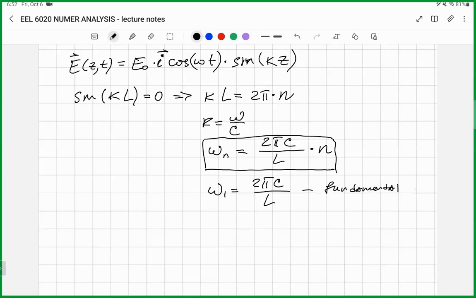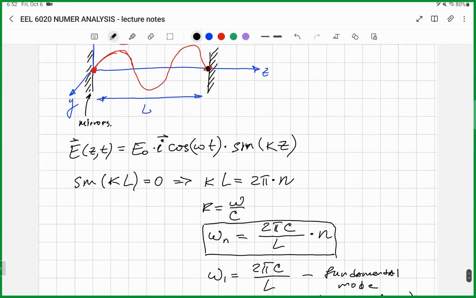You can also say cutoff frequency. This is basically the frequency below which no modes, no resonances, no field can exist between these two mirrors.